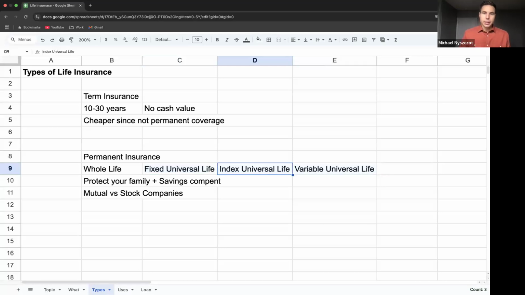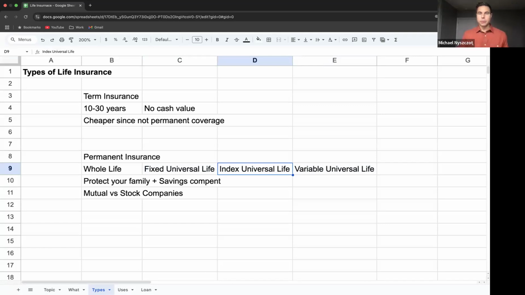And index is an opportunity to earn maybe a little bit more. The interest credited rate is usually tied to an S&P 500 index. If the index returns 15%, you might get that 15%, or maybe it's capped at 10. However, if the S&P index went negative, you'll still get 0 or 1% credited to it. You won't get a negative number.